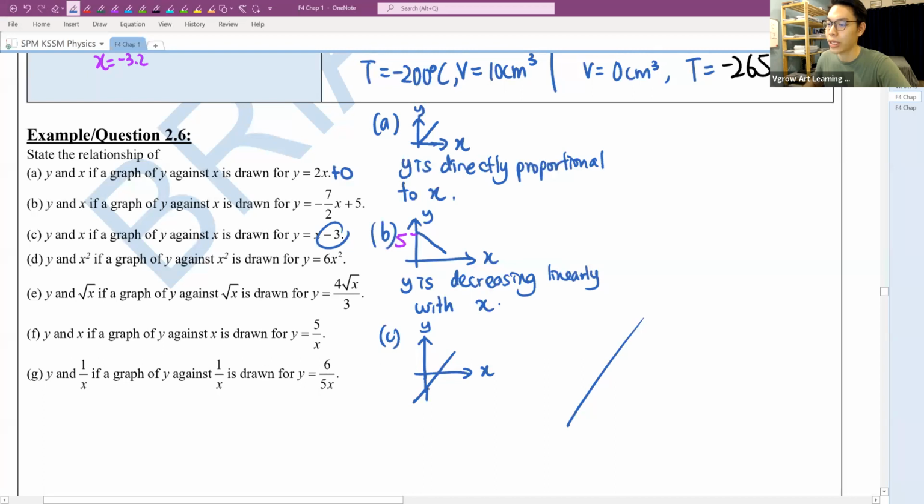The y-intercept is -3. So if you draw like that or draw like that, it doesn't matter, but this is the better one. Okay, important thing here is it is not directly proportional, because directly proportional must pass through 0. This is what we call as y is increasing linearly. Okay, you see it goes up in a straight line. Linear means straight line with x.